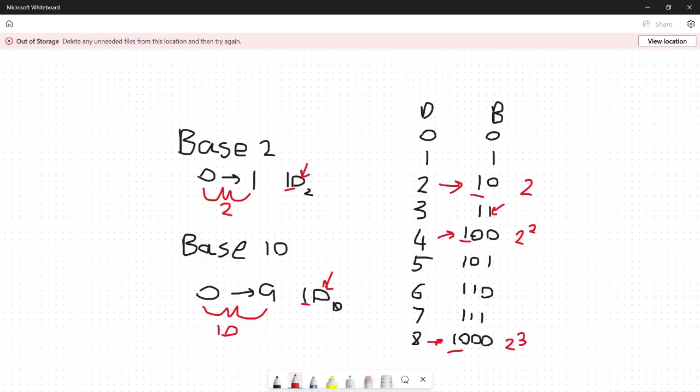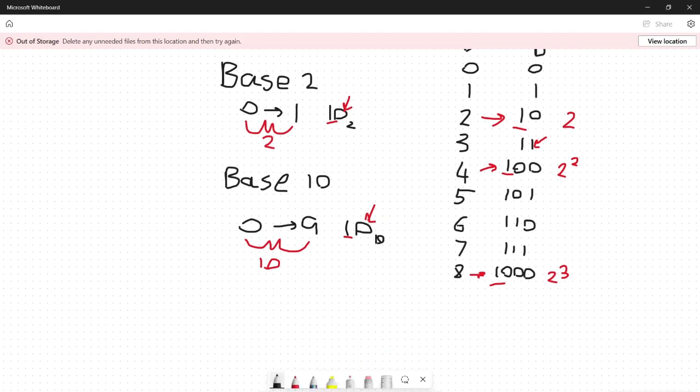At 32, all these powers of 2. And when you actually look at base 10, you'll see the same thing. We get a new digit at 10. We get a new digit at 100, which is just 10 to the power of 2. We get a new digit at 1,000, which is just 10 to the power of 3.